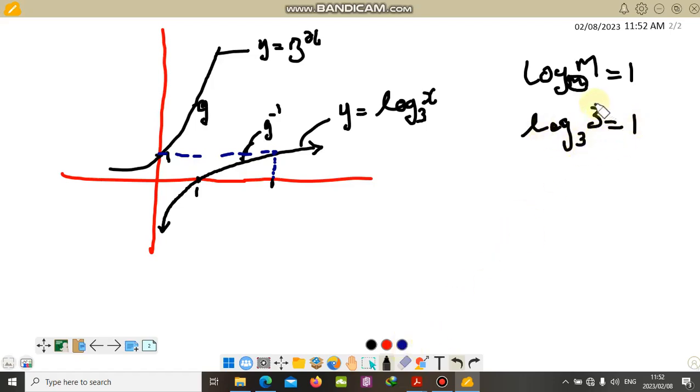But remember this one here, this is x. So according to the rule, this means 3. So log base 3 of 3 equals 1. That's y here of 1.